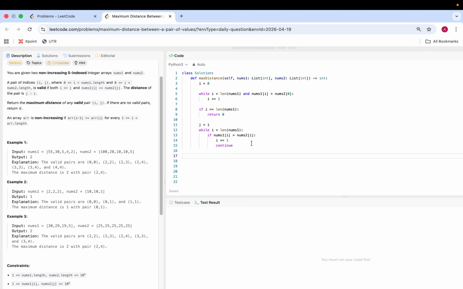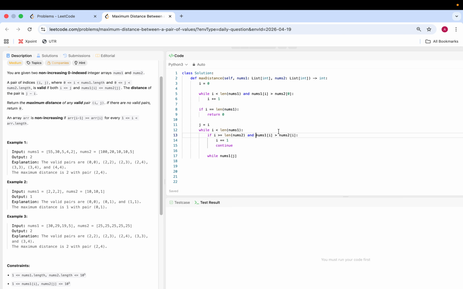Otherwise, while nums1 at j. Oh, wait. What if i is greater than or equal to the length of nums2?